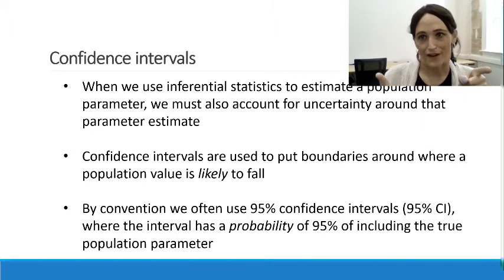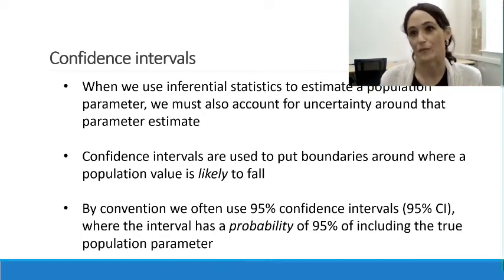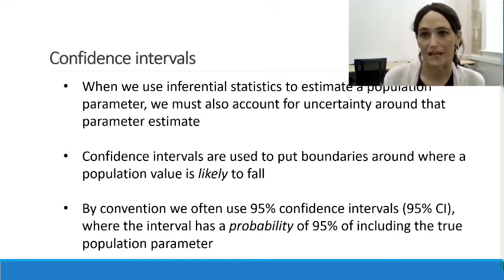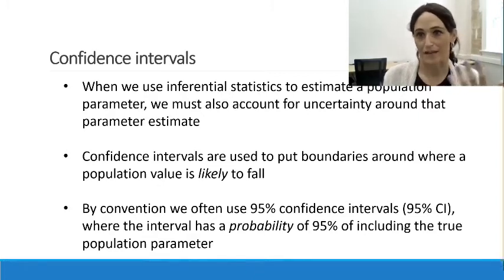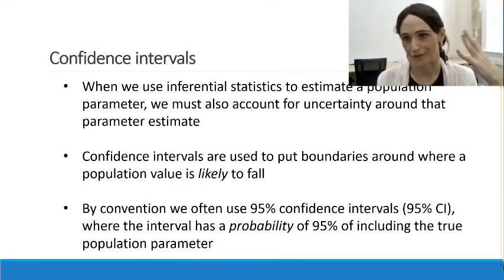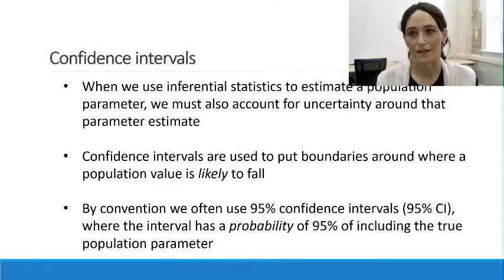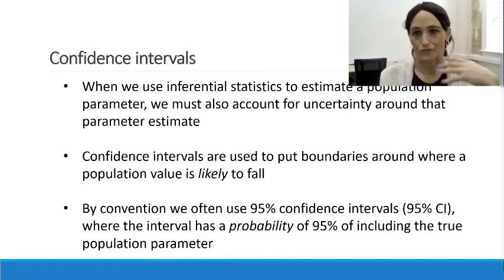When we say we're 95% confident, that means there's a 5% chance that it doesn't actually fall in that range. But that's the risk that we take as statisticians in making inferences to a population. We do allow for the possibility of making a mistake. Thankfully, science is self-correcting, and hopefully there'll be another study that will also attempt to estimate the same parameter. It can correct over time anything that was erroneous.